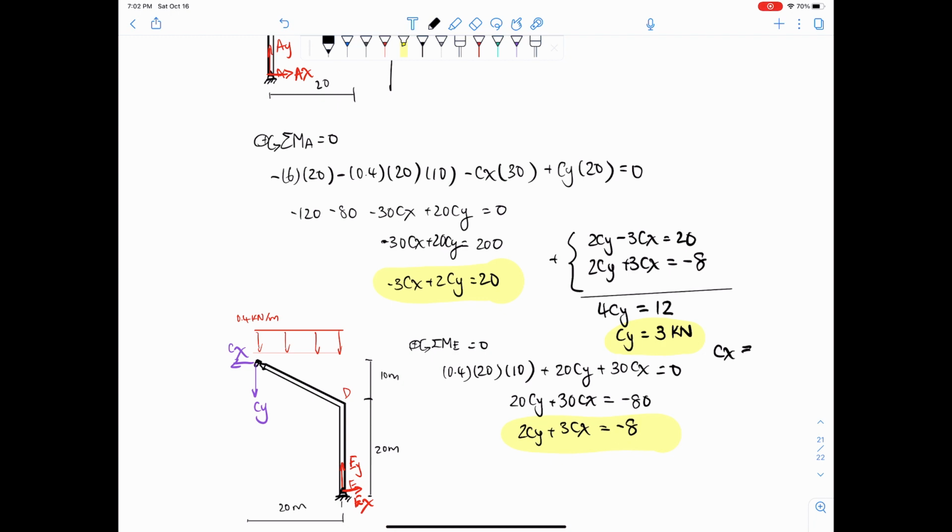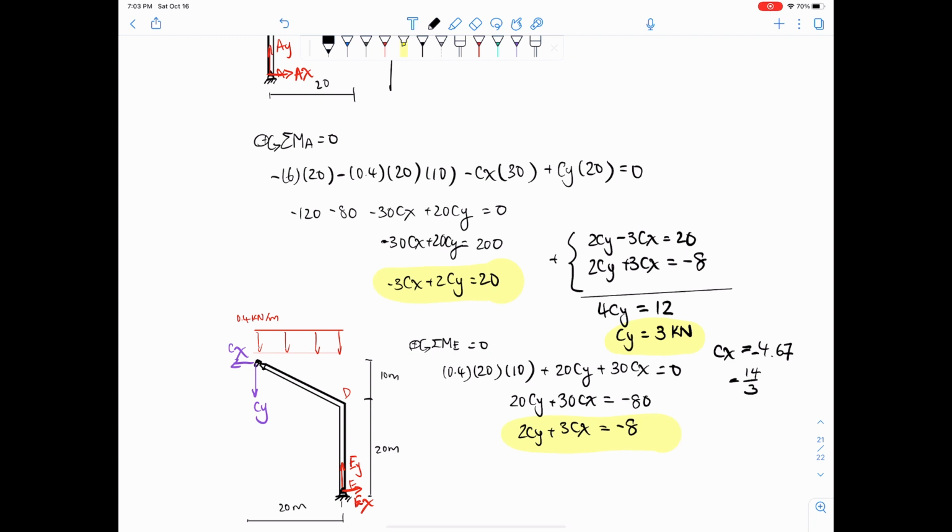So 20 minus 6, 14, negative 14 divided by negative 3 is equal to 4.67, or 14 over 3. Okay, so is this negative? Well, yes it is.